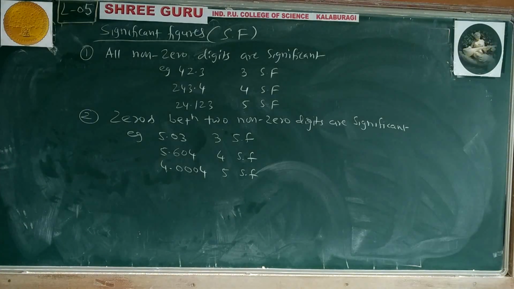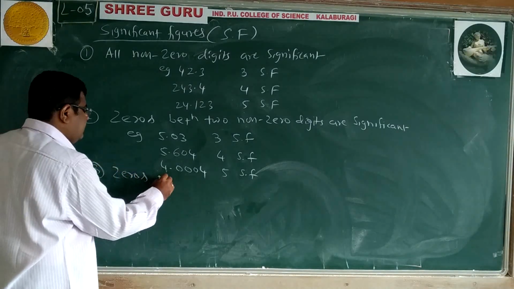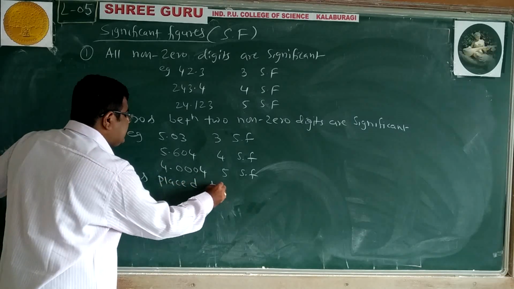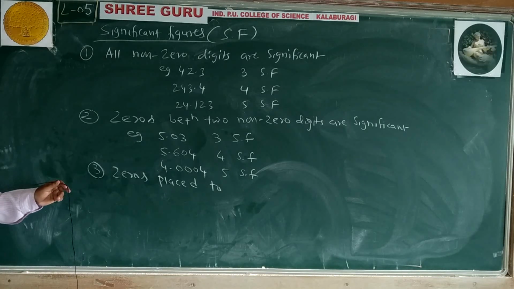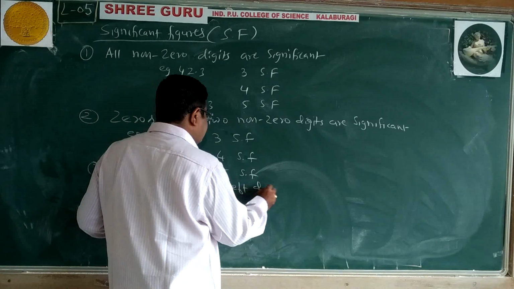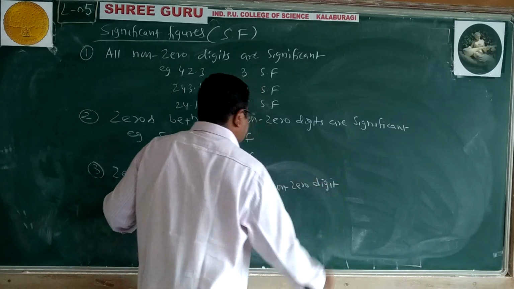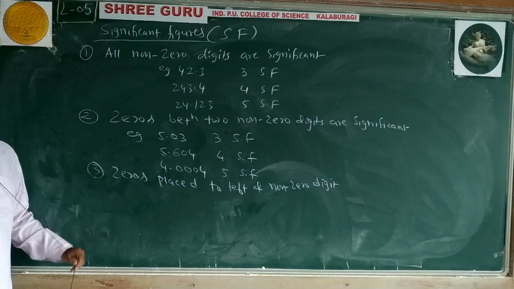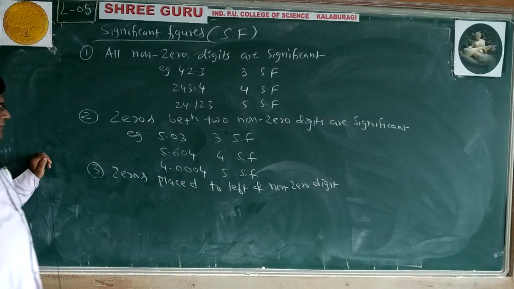Now the third rule: zeros placed to the left of a non-zero digit are never significant.